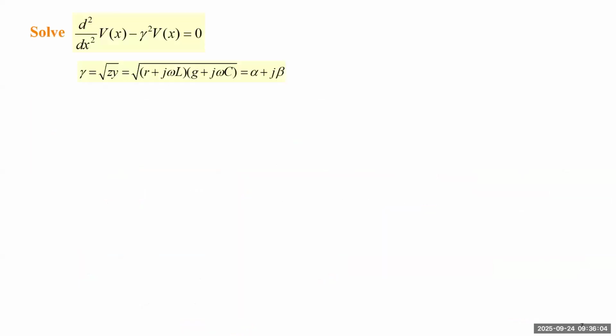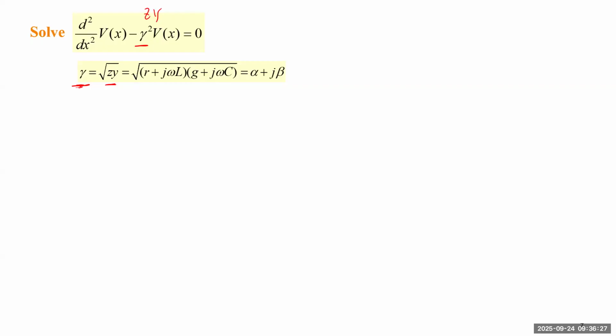Okay, move on. Let's try to solve this equation. Here we define gamma square as z times y. So we can define gamma as the square root of the product of z and y. Z is the series impedance, y is the shunt admittance per unit length.